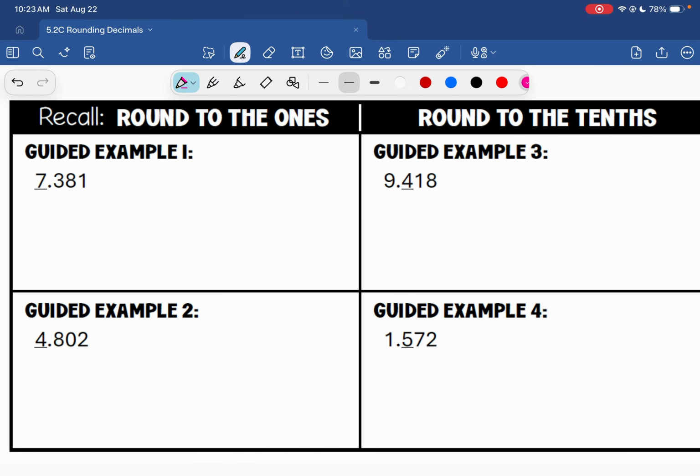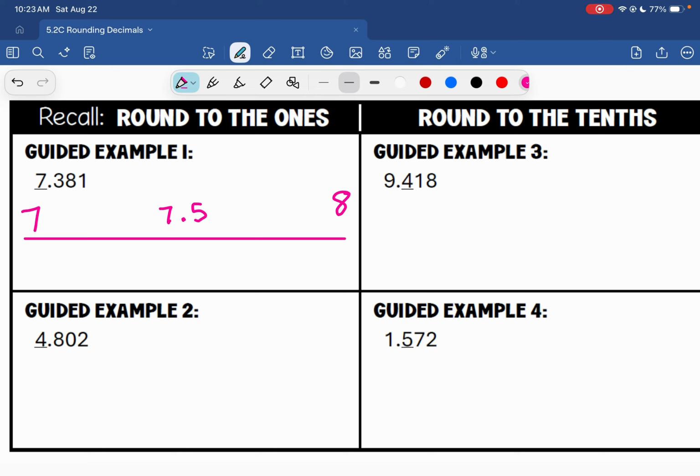Since we're going to round to the ones place, our benchmark numbers are 7 and 8. Now, on our number line, we want to find the midpoint. Halfway is the midpoint, and the midpoint is 7 5/10. When we're rounding, we're trying to figure out: is the number we're rounding less than the midpoint, or is it greater than the midpoint?